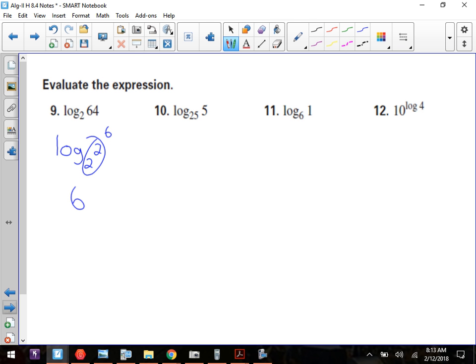If I want to rewrite 5 as a base 25, I'd have to write it as 25 to the 1/2. See where I'm going with that? It works the same way. You're undoing your bases, or you can go to your equivalency statement. It all works. Your answer is 1/2.